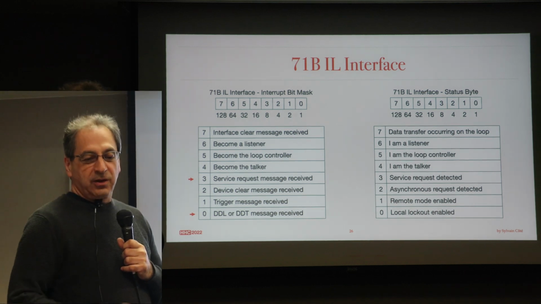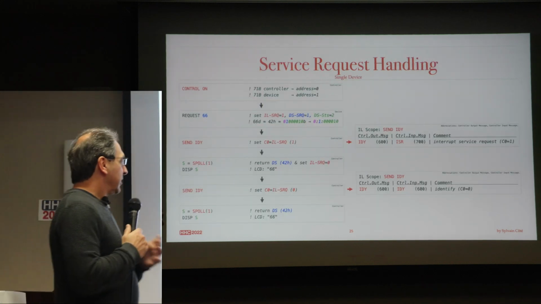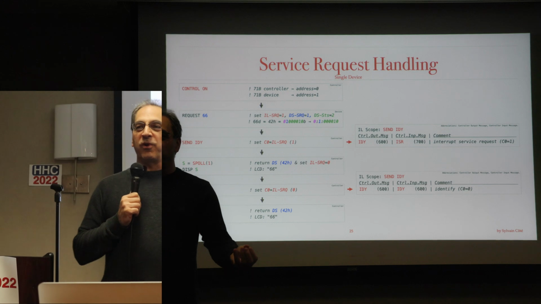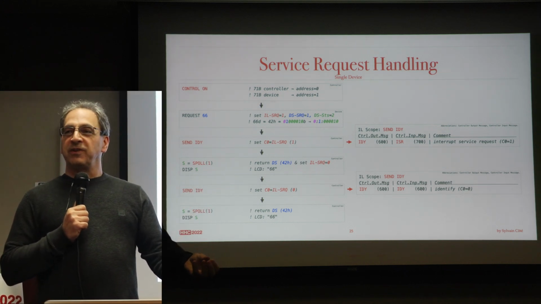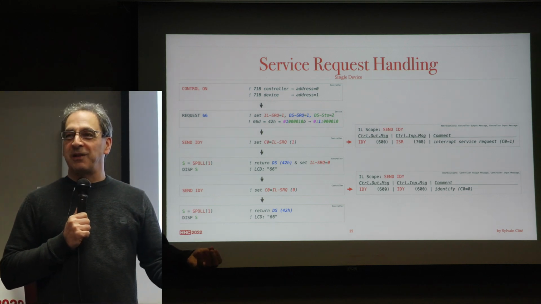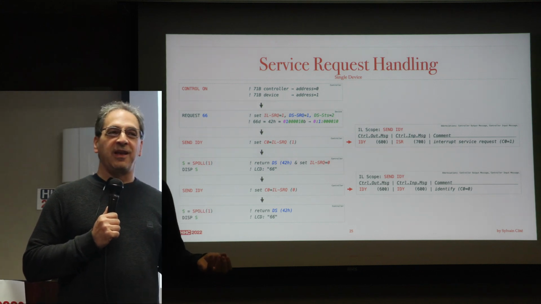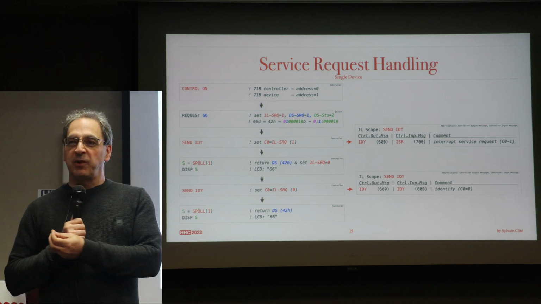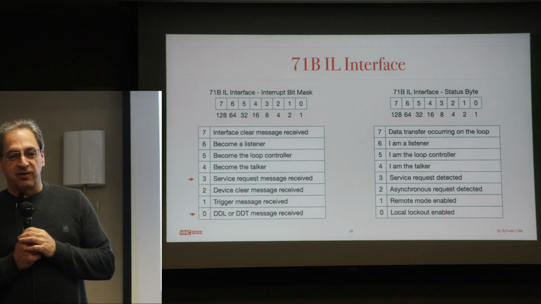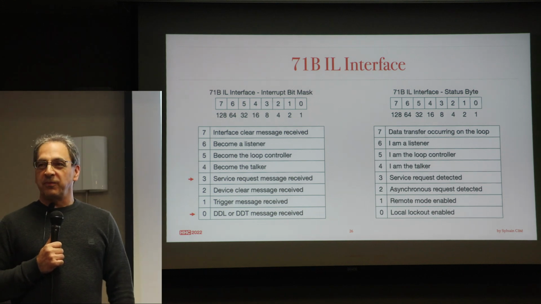Okay, now that's easy to do. This is easy to explain, but how can the 71B handle that? Because the I/O processor knows that, but the CPU of the 71B doesn't know this. This is only understood by the HPIL processor. Now, how you can transfer that information from the HPIL side to the HP-71B is through a special set of other registers in the AL and through a software interrupt.